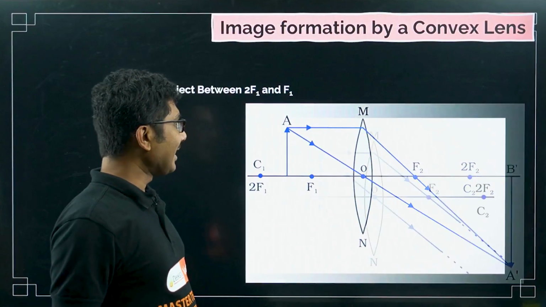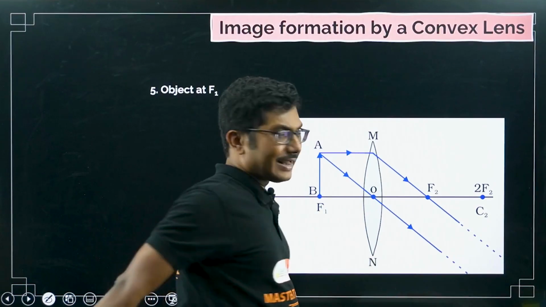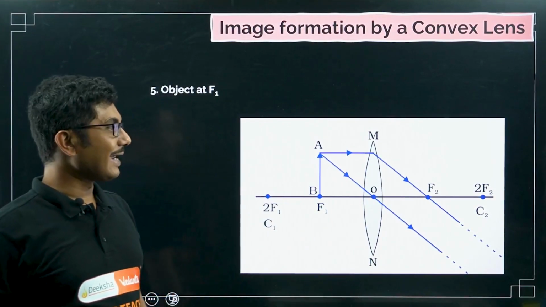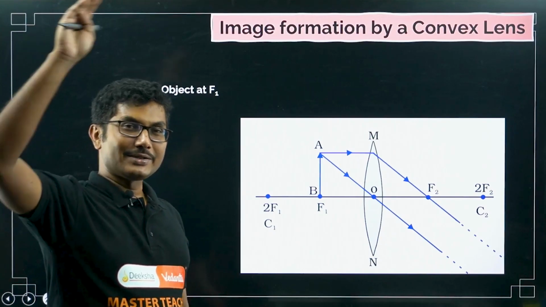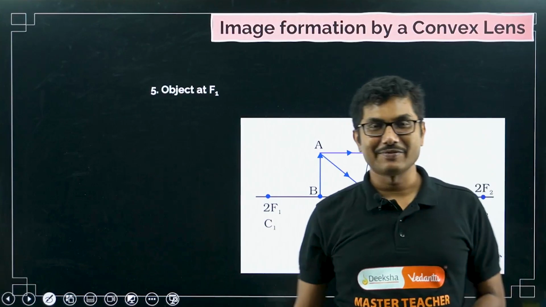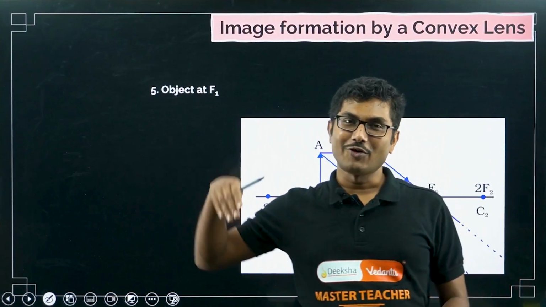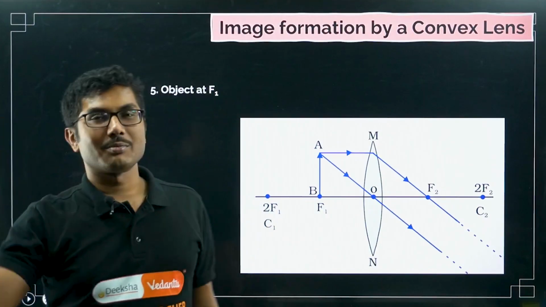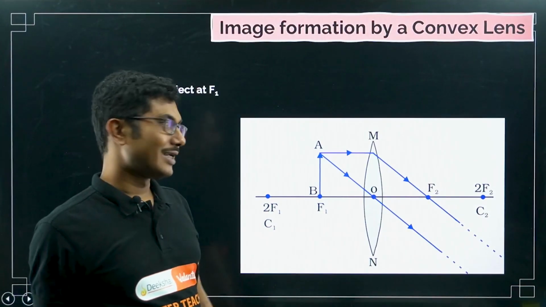Okay, now as you reach exactly F, your entire rays are now parallel and you are getting a hugely enlarged image, but it is forming at infinity. So when you are standing at the focus, your image is getting formed hugely enormous, but it is forming at infinity, so you cannot see that.